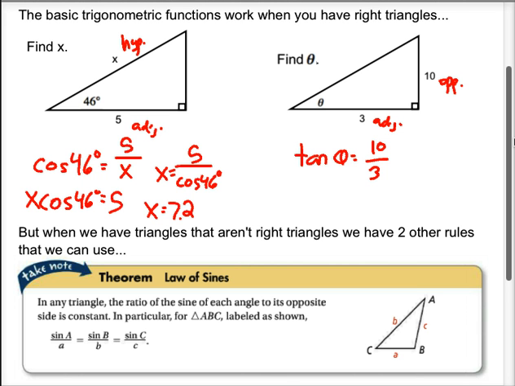So remember here to find the angle, I use that inverse tan button on that 10/3. So inverse tan of 10/3 gives me about 73.3 degrees. All right, so again, just a really quick review of the basics so you remember how to deal with right triangles. But today our focus is shifting to things that are not right triangles.